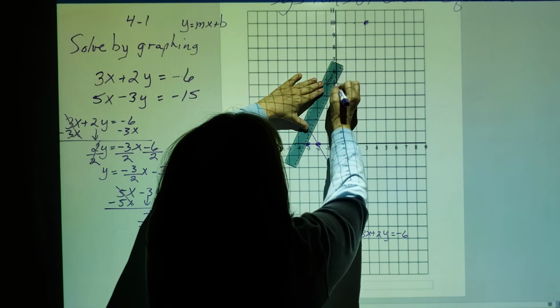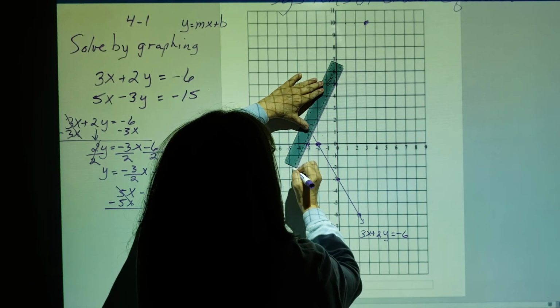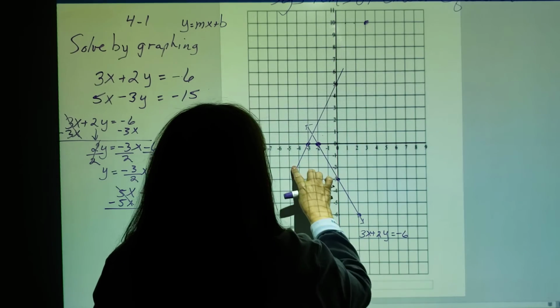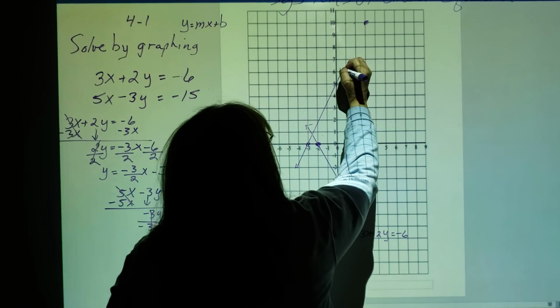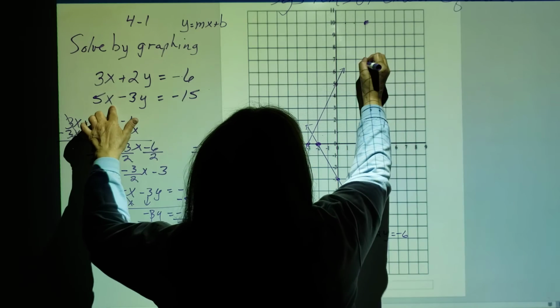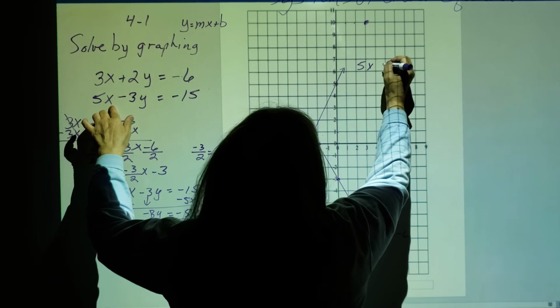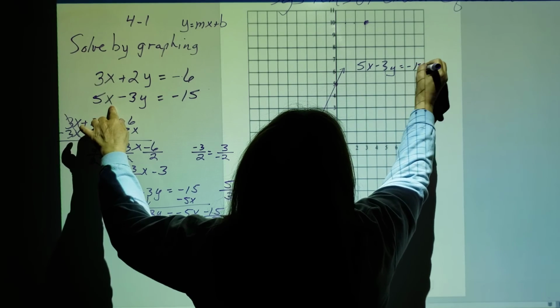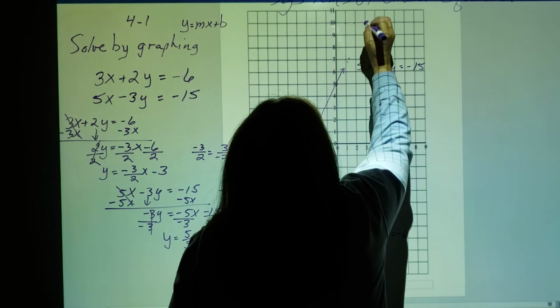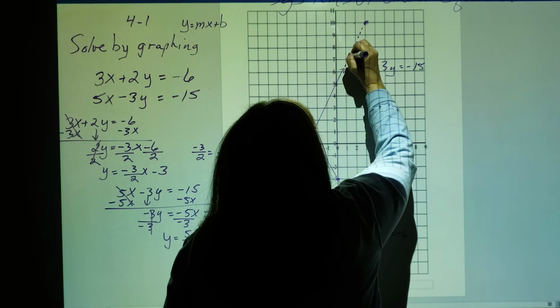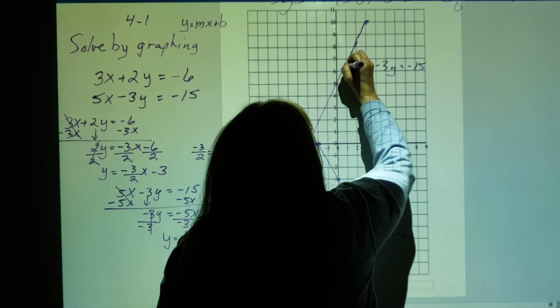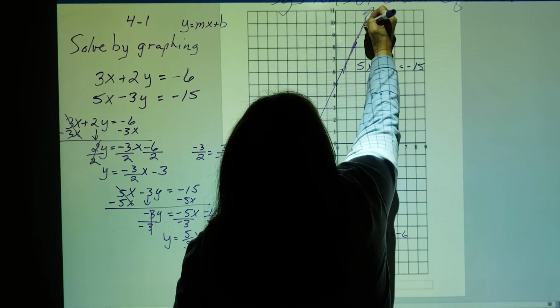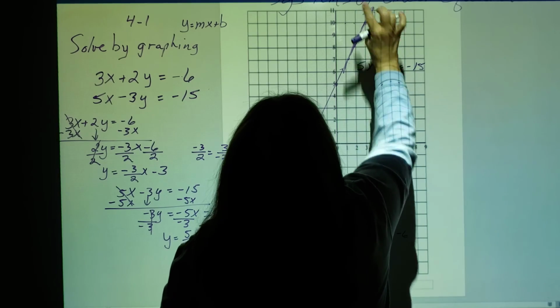Okay, draw a line, and label this as 5x minus 3y equals negative 15. And again, if you just kept going and going, this would still go through that point.